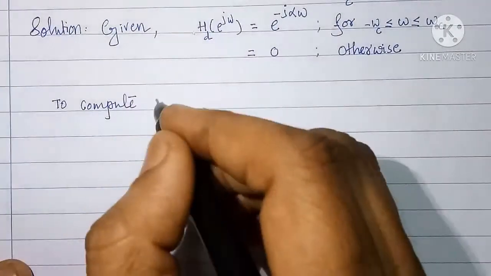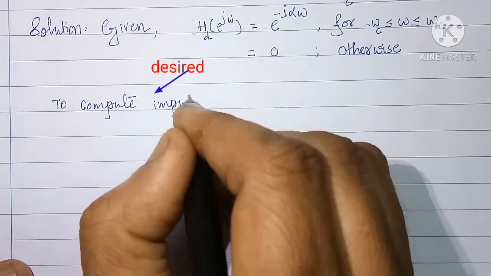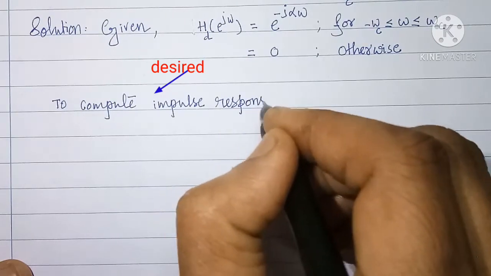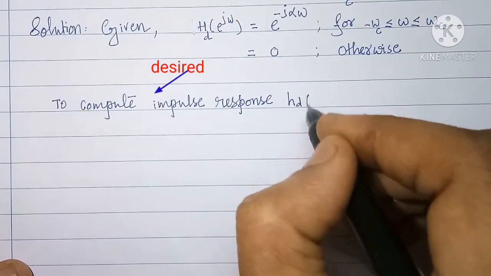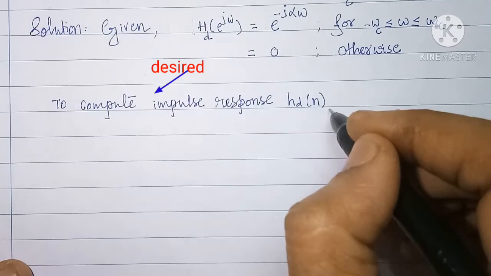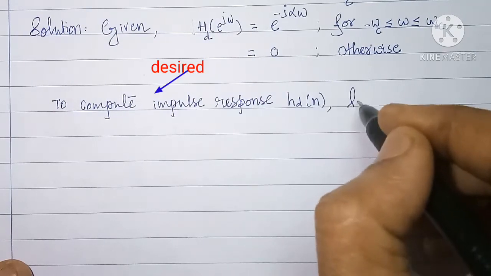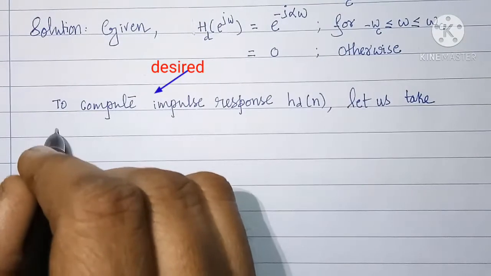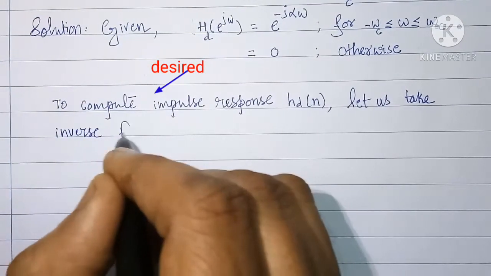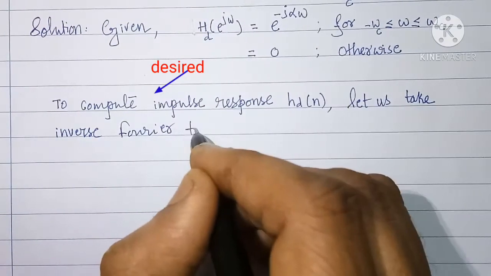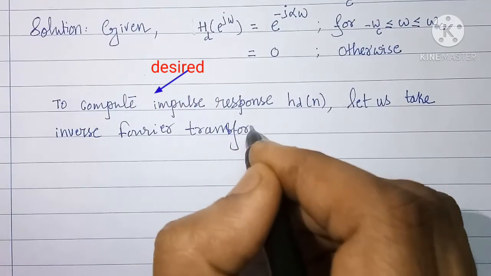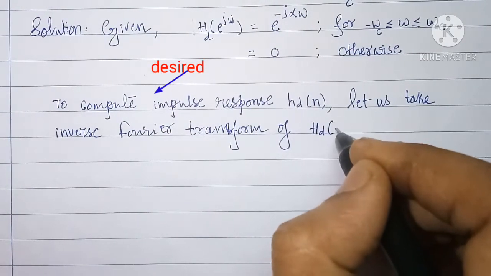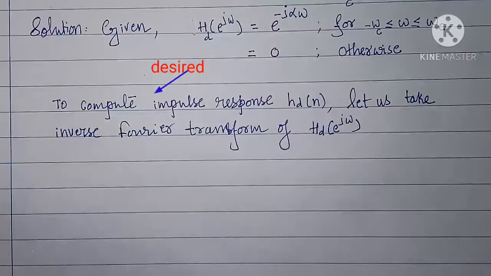To compute the impulse response HD of n, let us take the inverse Fourier transform of HD of e raised to j omega.